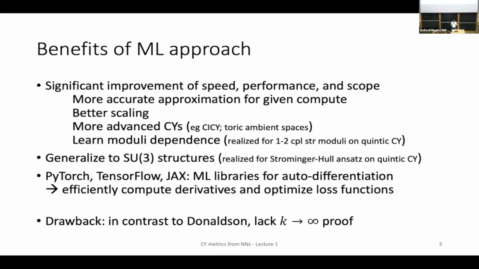Another thing we haven't really heard about yet is that there are machine learning libraries that we can use. As Fabian said in his lectures, if there are methods available for the problems we're interested in, then we should try to use them. In particular, there are machine learning libraries like PyTorch, TensorFlow and JAX that allow us to efficiently compute derivatives and optimize loss functions.